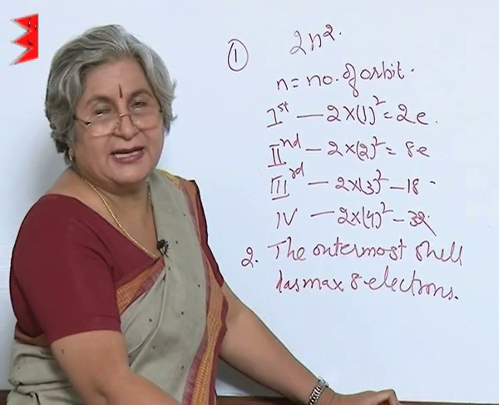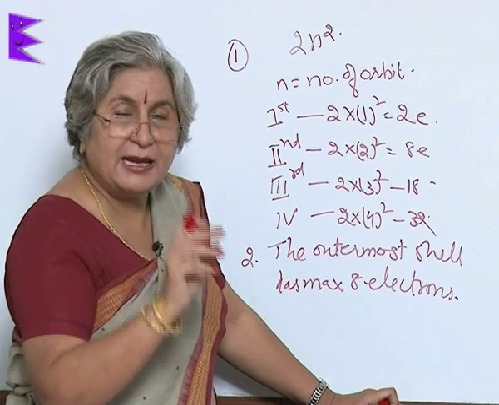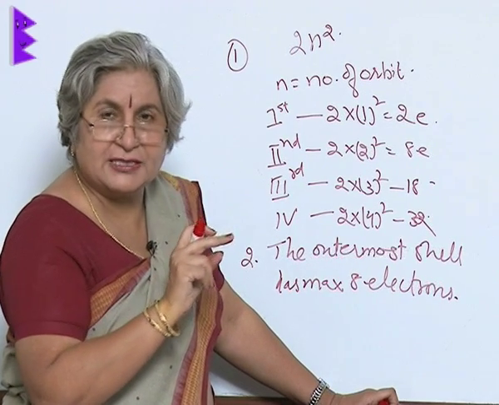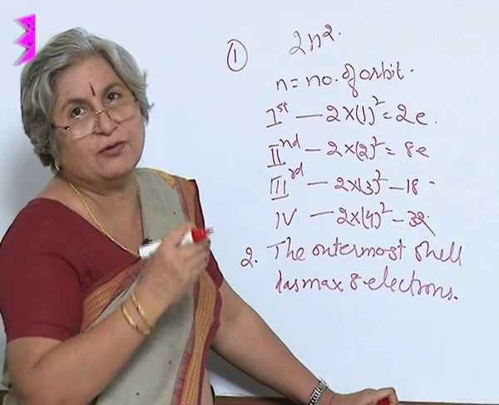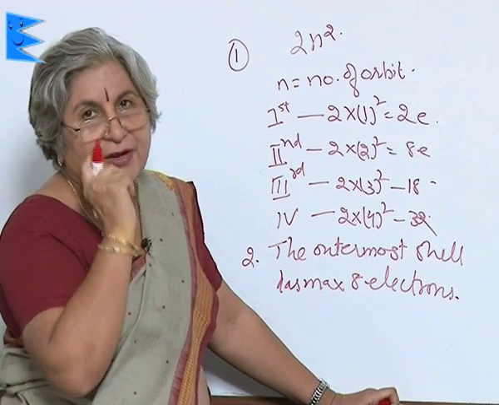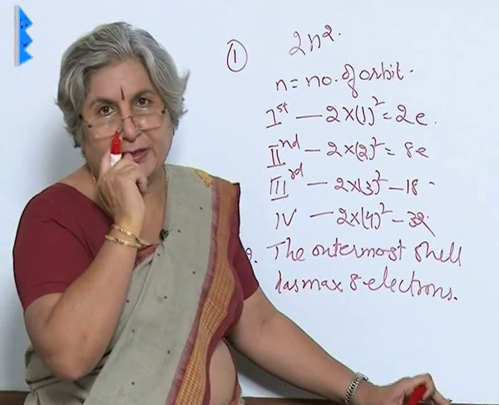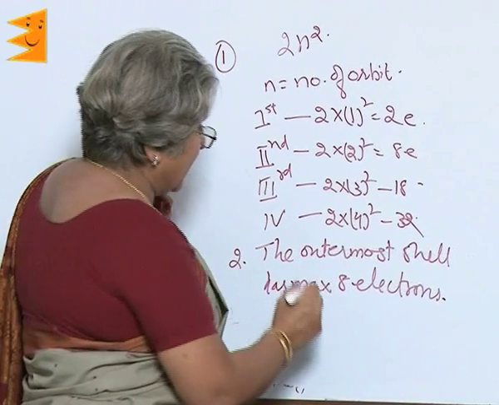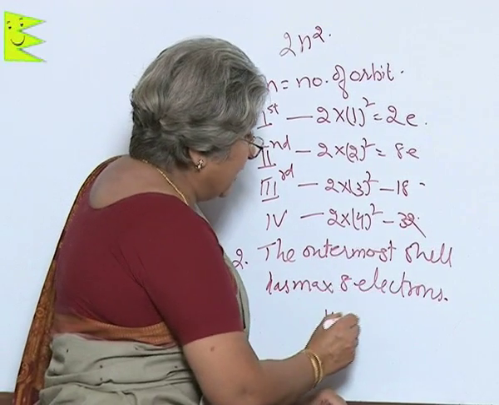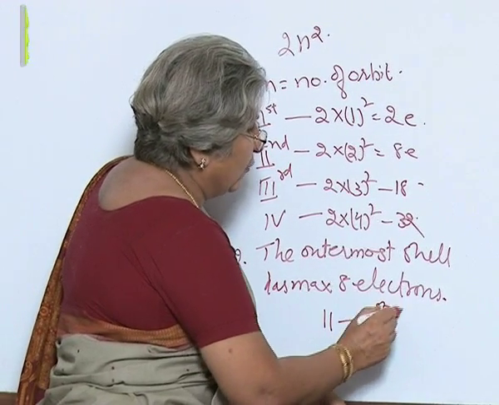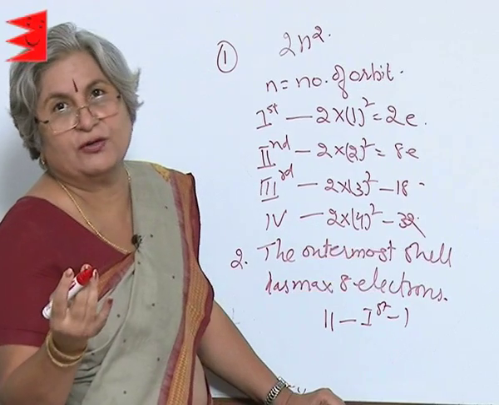Another important thing is that unless the first shell is completely filled, electrons will not move on to the next shell. For example, sodium has 11 electrons. It cannot happen that the first shell has only 1 electron and then you move on to the next.